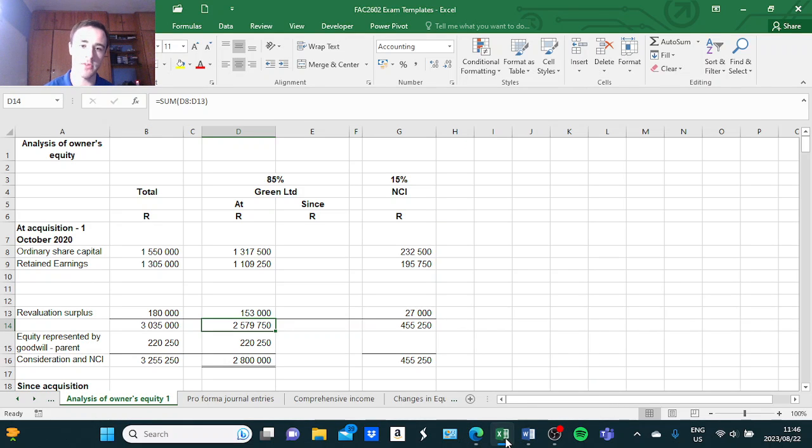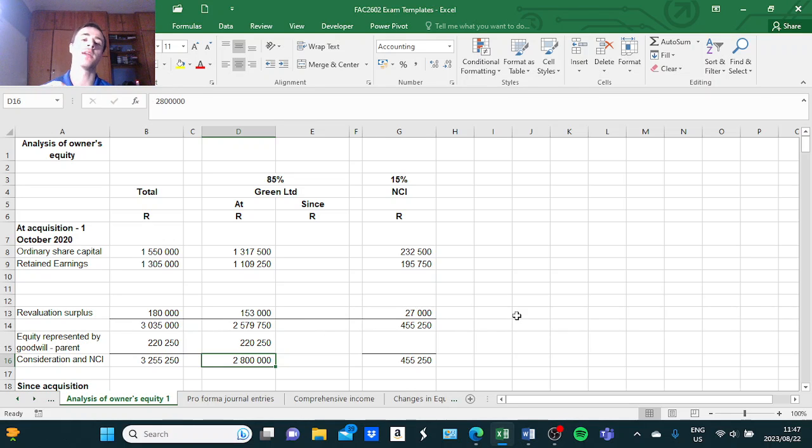So in your analysis of owner's equity, and I've also explained this earlier in the lesson, goodwill is calculated if there is an acquisition at a premium, which basically means that the parent has paid more for its investment than it should have paid. In context of this scenario, Green Limited has paid 2.8 million rand for its investment in Rhine Limited.